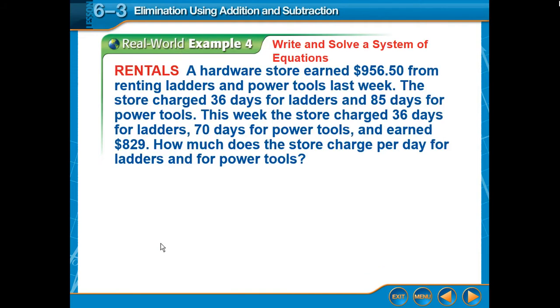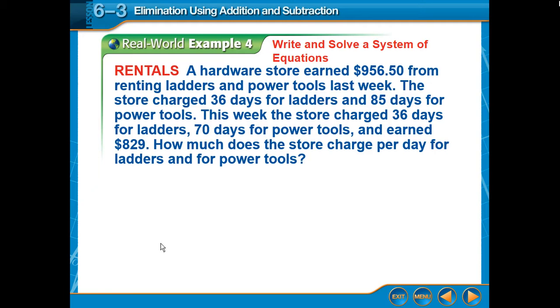Okay, last one. A hardware store earned $956.50 from renting ladders and power tools last week. The store charged 36 days for ladders and 85 days for power tools. This week, the store charged 36 days for ladders and 70 days for power tools, and earned $829.